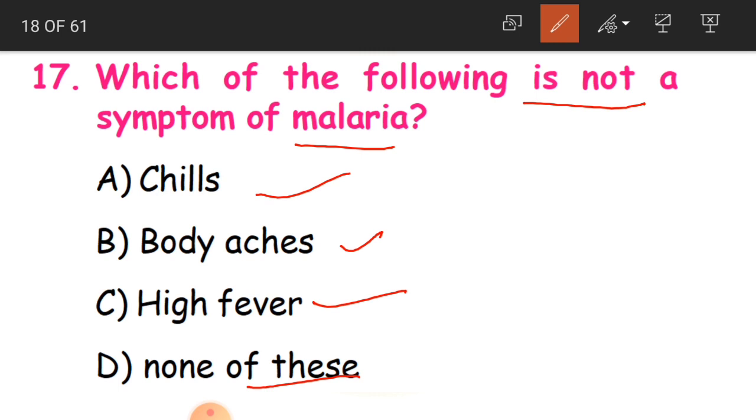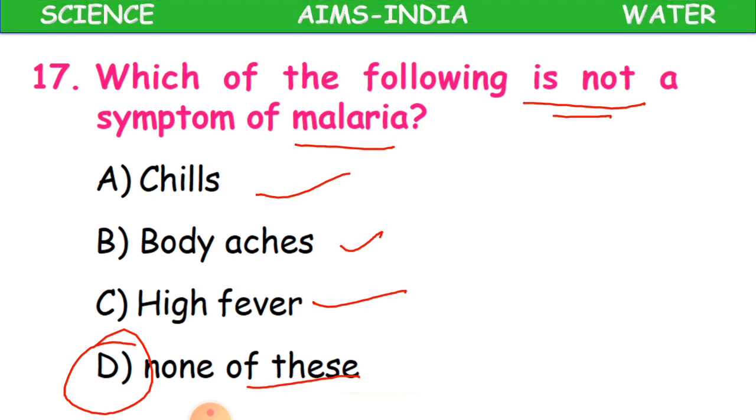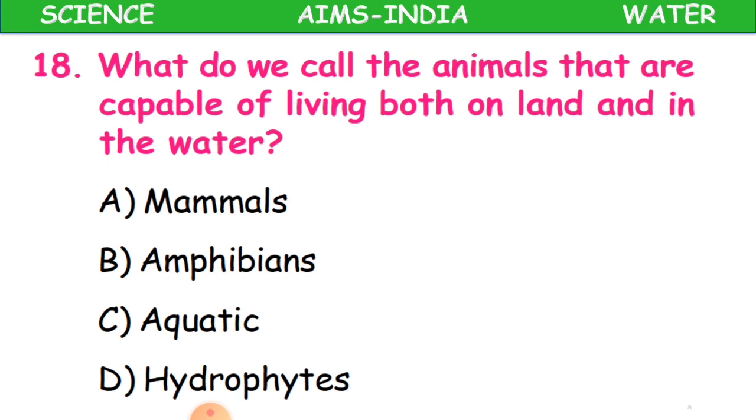These three will be there when you have malaria. So our answer is none of these, because the question asks which is not a symptom, but we have all these symptoms in malaria. Clear, children?